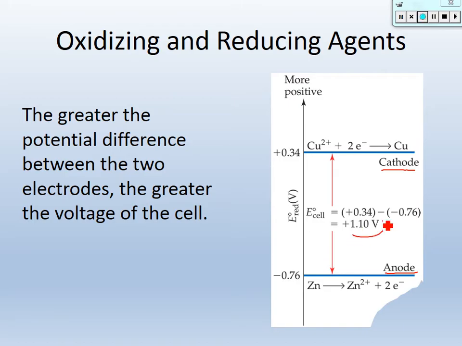We constructed this electrochemical cell in lab last class period. We used copper and zinc, and our cell produced 1.1 volts. Well, you can use other materials. You don't always have to use copper or zinc. You could use other metals, and we might get different voltages. And that's the point of this video: to teach you how to determine the voltage, or the potential energy difference, from the cathode to the anode.